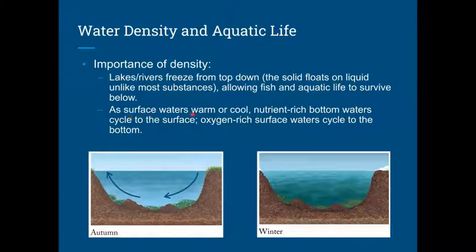As the surface waters warm or cool, nutrient-rich bottom waters cycle to the surface, and oxygen-rich surface waters cycle to the bottom. So as that temperature slightly changes, the density changes a little bit, and it'll sink or rise depending on the temperature, which will help circulate nutrients and oxygen throughout the water so that aquatic life can stay alive.